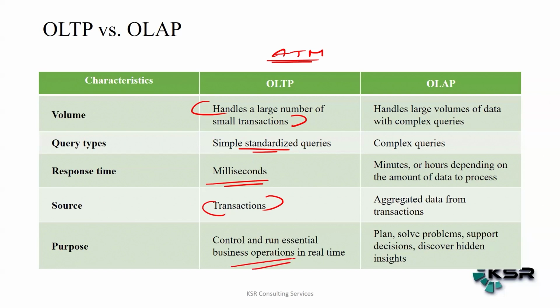It is for a business operation in real time. It's normal business as usual, right? Irrespective of whatever is happening, your business will run. Even if there is a weekend, weekday, holiday, festival, whatever may be the case, every single day the bank has to work. That type of transaction, we call OLTP transactions.